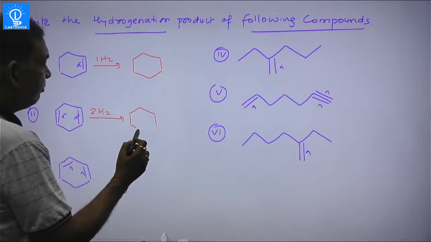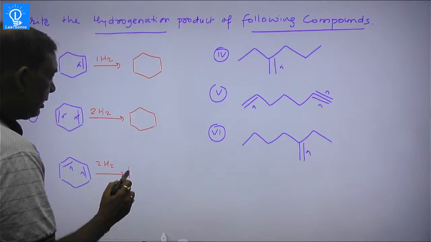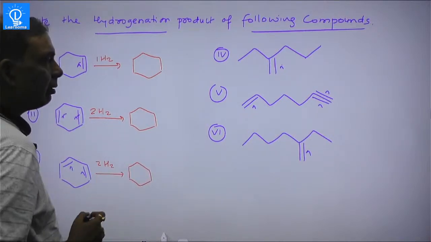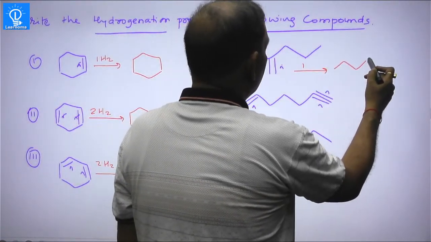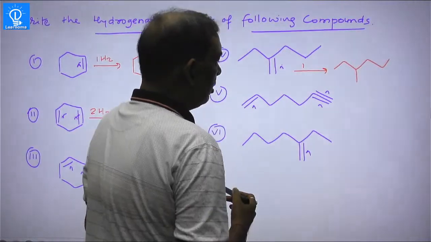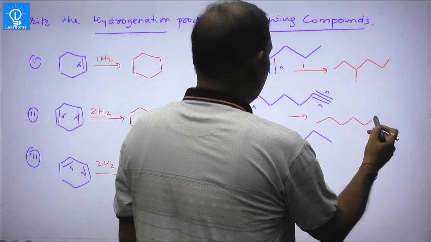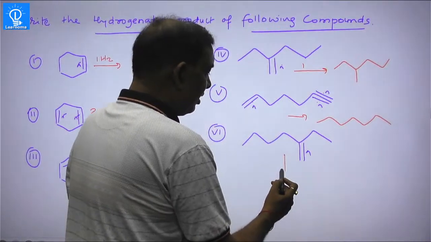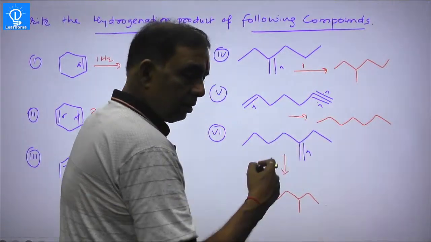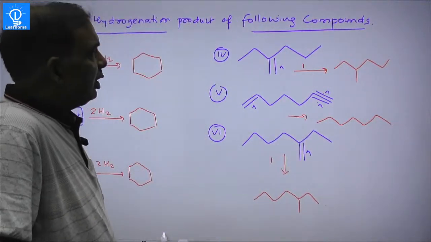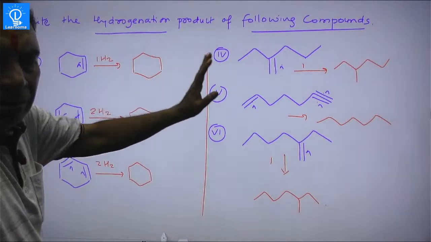This will also consume 2 moles hydrogen and the skeleton will be cyclohexane. This will consume 1 mole and this is your answer. This will consume 1, 2, 3 moles. This is your answer. This will consume 1 mole. This is your answer. In this way, we go for hydrogenation.